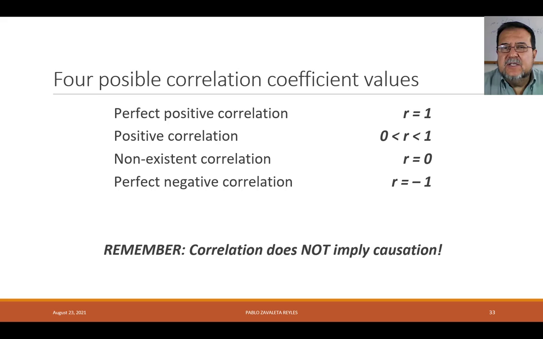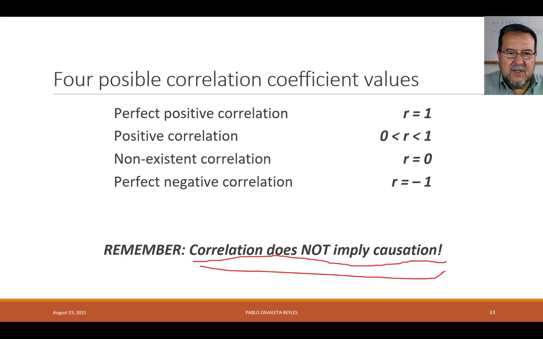One thing is that 2 variables are correlated, but another thing is that one implies that the other must happen in this way. Correlation does not imply causation. Let me underline this. It does not imply causation.